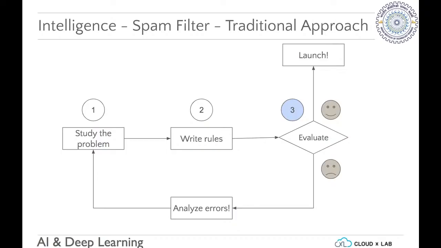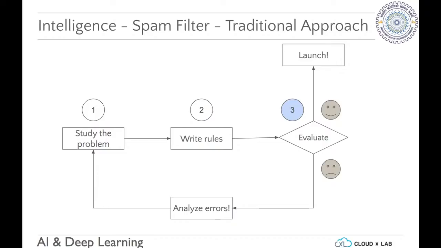So we studied the problem by ourselves. This is a traditional approach. We studied the problem, then we wrote the rules and we evaluated those rules. In case those are working well, we push it to production, we launch them. How do we evaluate? We break the data into test and training and we compare whether our rules are working well on unseen data.